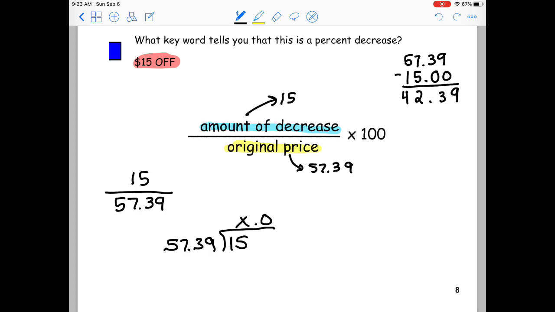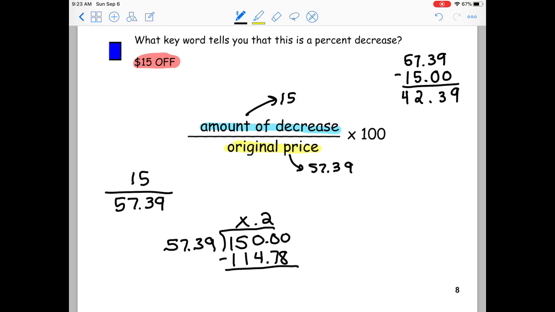Oops, not 1 0. 0 here. So can $57.39 go into $150? Well, let's see how many times. If you multiply $57.39 by 2, you get $114.78.